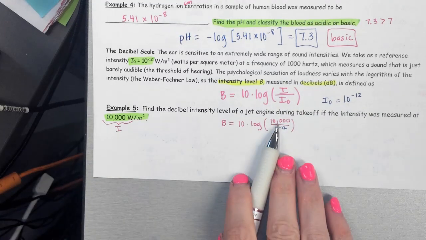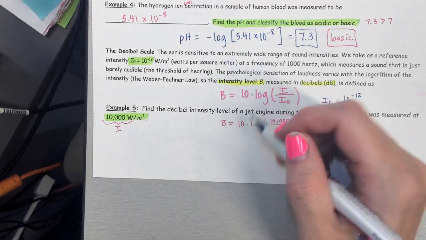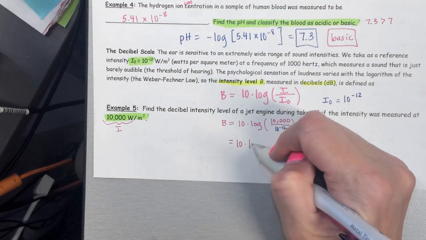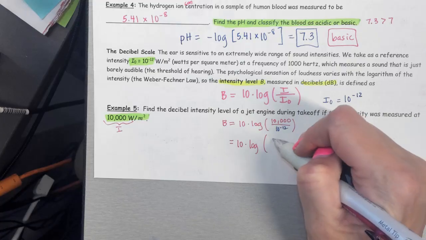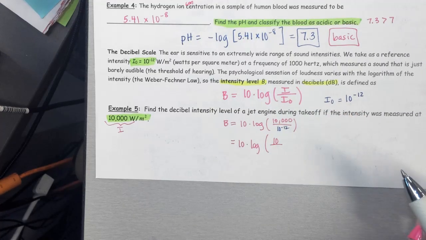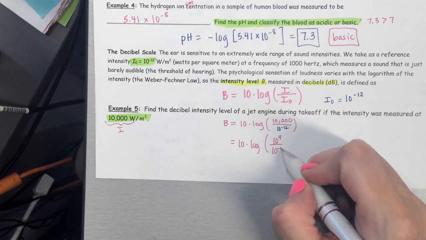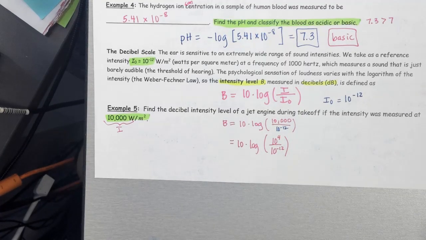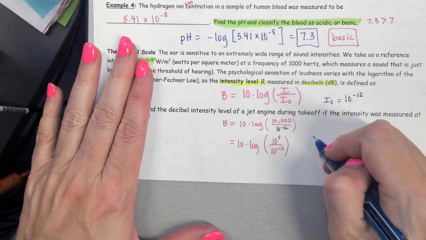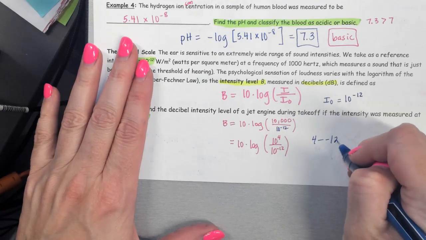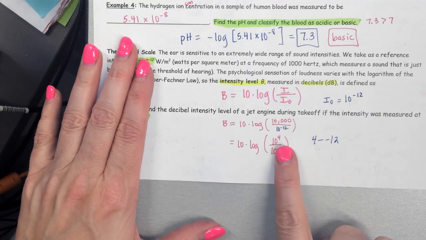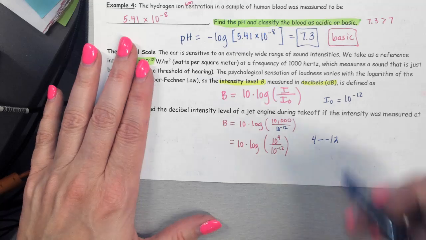So if I rewrite 10,000 as a base of 10, what is that? 10 to what power? 4. Yeah. And if you have the same base and you're dividing them, what can you do with the exponents? Subtract. What's 4 minus negative 12? 16. This is what you're doing, right? 4 minus negative 12.